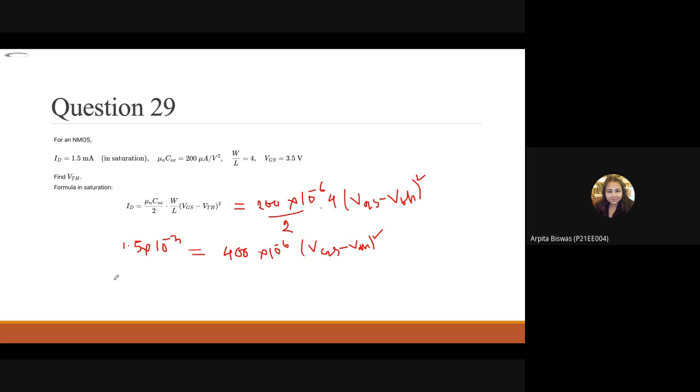Now tell me what is the value of VGS minus VTH? VGS minus VTH whole square is equal to 1.5 into 10 to the power minus 3 into 400 into 10 to the power minus 6.